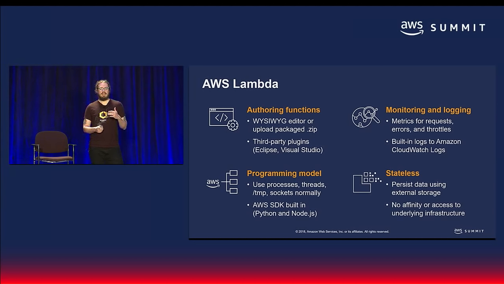Rather than counting on something being written to disk and then reading it back from disk, you persist it into an external storage engine that's designed for persistence. And with the stateless architecture, you actually have no access to the underlying infrastructure as a feature. You can't SSH into any local box and modify things because there are no boxes, essentially. You just have running code.